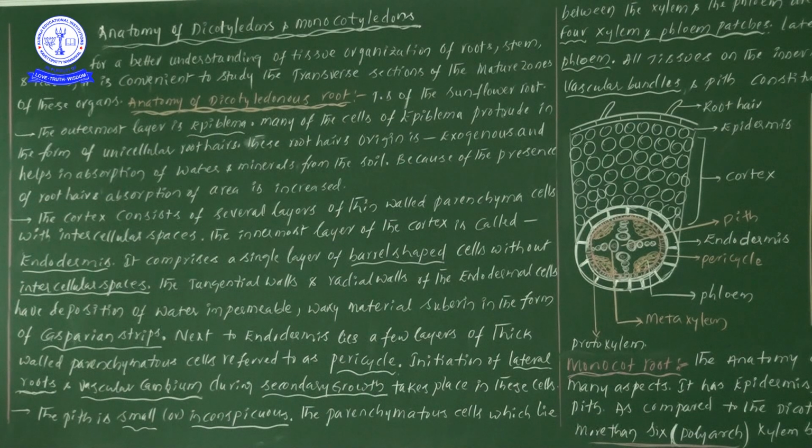When these root hairs originate from the epidermis, such origin of root hairs we take as exogenous origin, and they help in absorption of water and minerals from the soil.